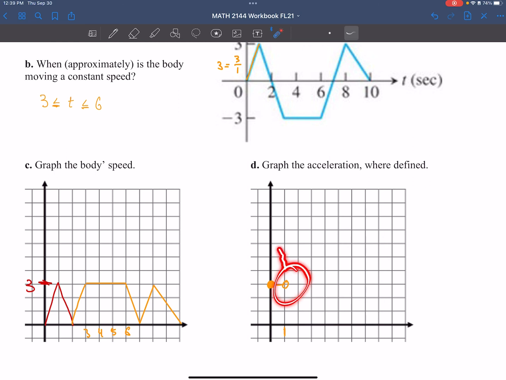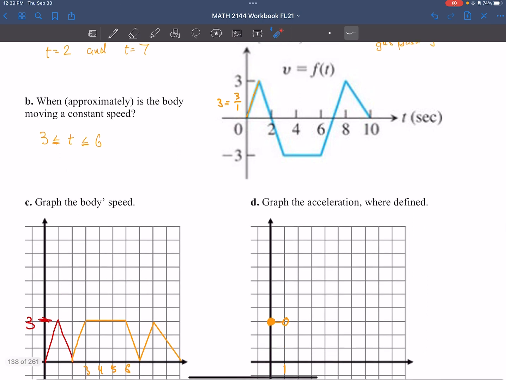If you think it should be open, give me thumbs up. If you think it's closed, give me a thumbs down. Right, so I see thumbs up or no answers. And for those who said thumbs up, that is correct. The reason it is an open dot is because, remember, if we have a sharp turn, the derivative does not exist at sharp turns. Destiny, did you have a thought or a question? No, just kind of thinking. Awesome, being engaged. So this is an open dot.